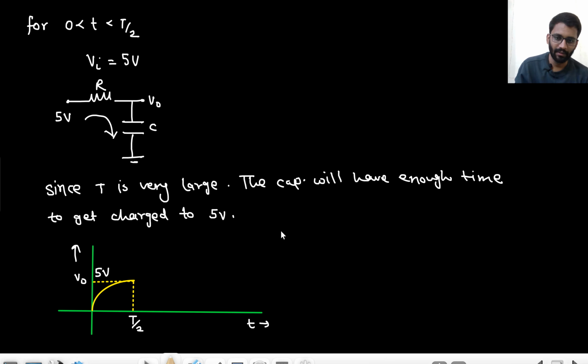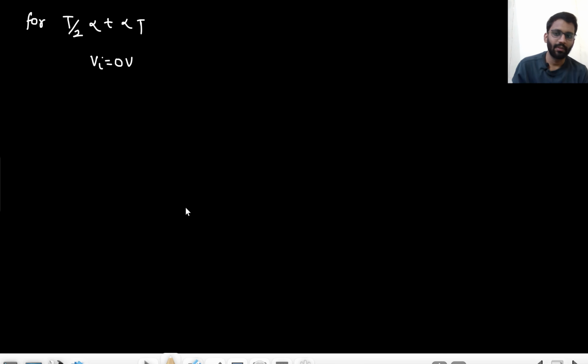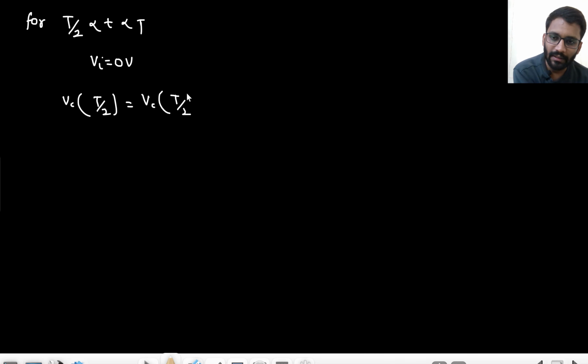Because Vc at T by 2 minus is 5 volt, Vc at T by 2 plus is also 5 volt. But the input is gone, that means there is no input. So how will the circuit look like?